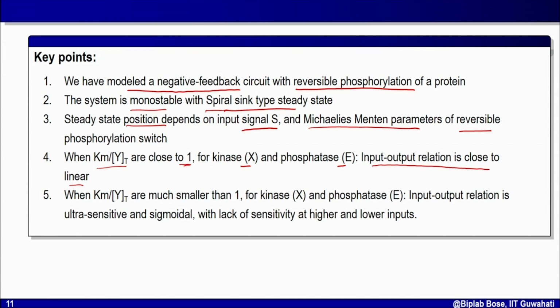But when these ratios for both kinase and phosphatase are smaller than 1, for example 0.1, 0.01, 0.001, then the input-output relation is ultra-sensitive in the middle region, it is sigmoidal, and it does not have sensitivity at higher and lower inputs.